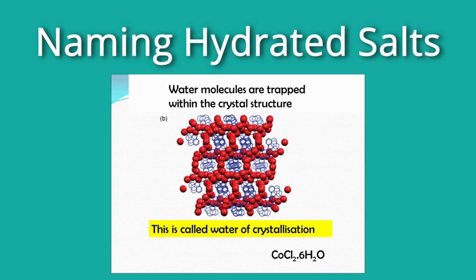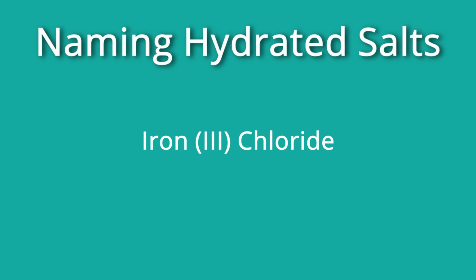If you think about salt crystals forming like a bunch of boxes stacked on top of each other, when they're hydrated they just have water molecules in those boxes. And so how you go about naming these is that you name the salt the same way as you normally would. An example of this would be iron chloride.